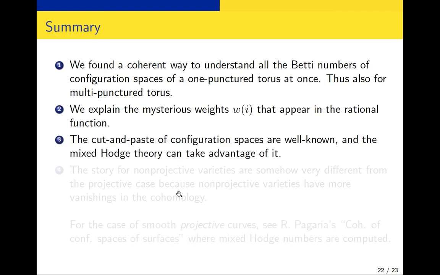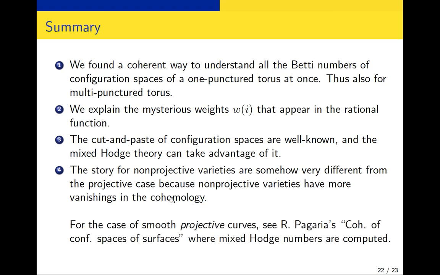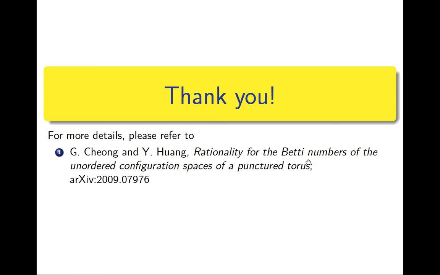The cut and paste of configuration spaces is well known, but we need to use mixed Hodge structure to harvest it. The story of non-projective varieties is not very different from the projective case. And actually, there are works done on projective curves, and also the mixed Hodge numbers are computed. For more detail, please refer to the preprint. Thank you.